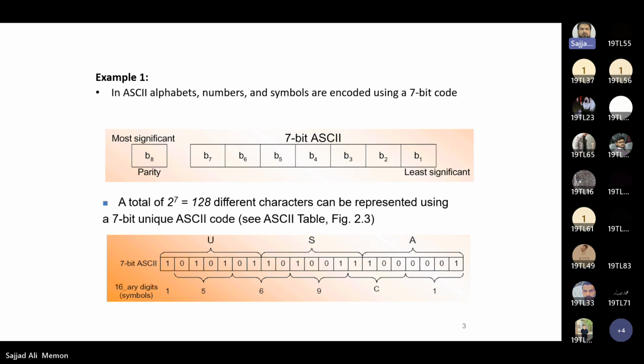Similarly, we convert the rest. In that we also have C, that is after, I think, 11, 12. For 10 is A, 11 is B, 12 is C, 13 is D, something like that in hexadecimal, and 0001 for 1.